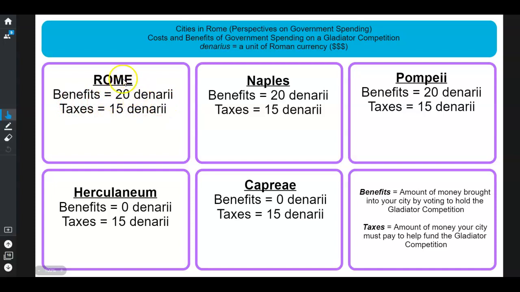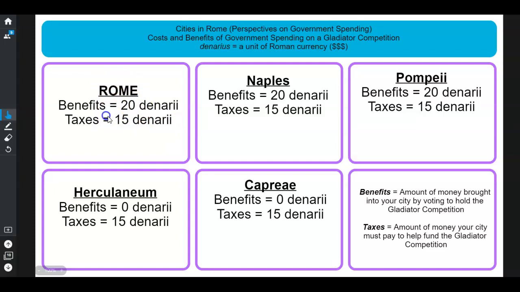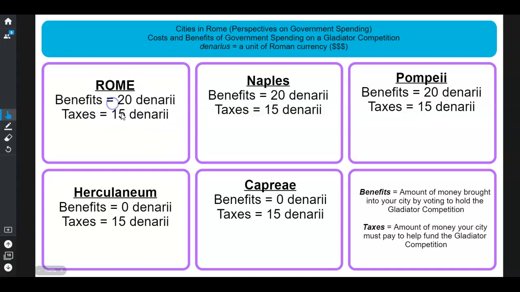Your city is going to earn 20 denarii, which are like dollars, by hosting the contest, and you're going to pay taxes for it, just like everybody else. You're going to pay 15 denarii or dollars, but you're going to come out ahead because you're earning more money than what it's costing you to plan and to put on the gladiator contest.